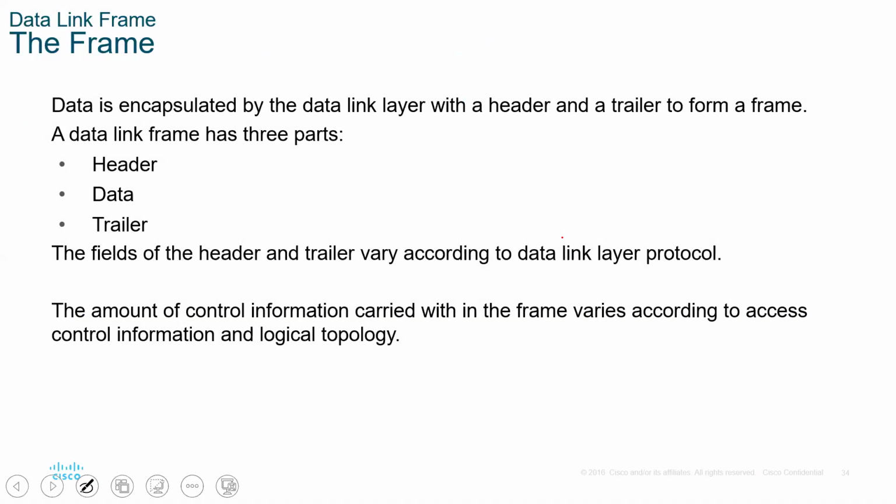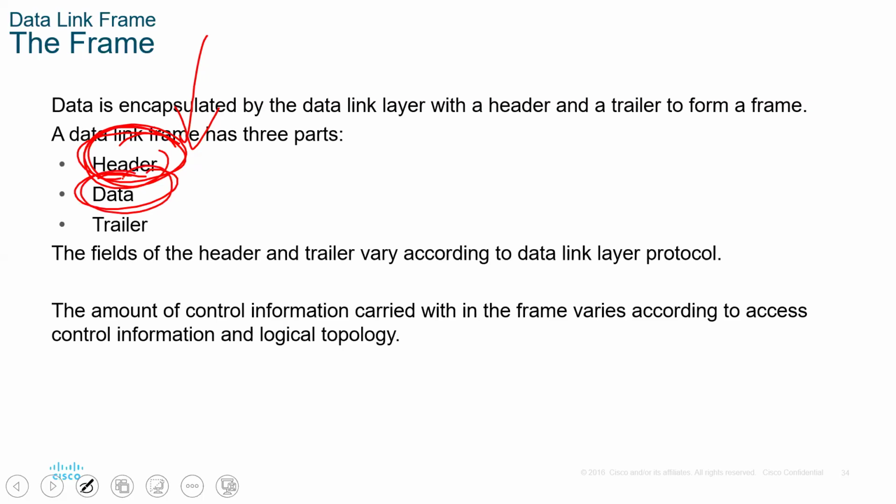Data link frame. The data link frame has the header, the data, and then the trailer. Data is encapsulated by the data link with the header and a trailer from the frame. The header is information that is added by the frame.